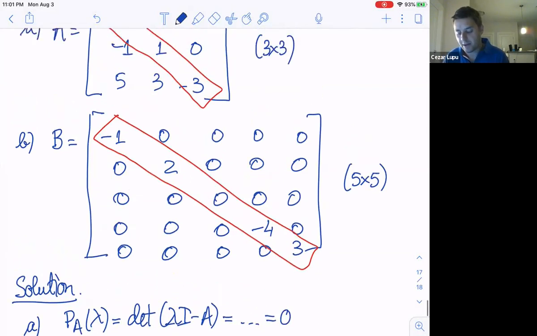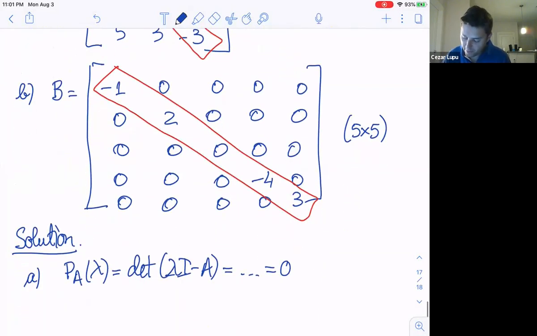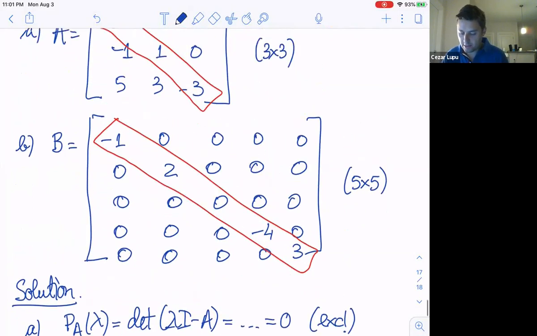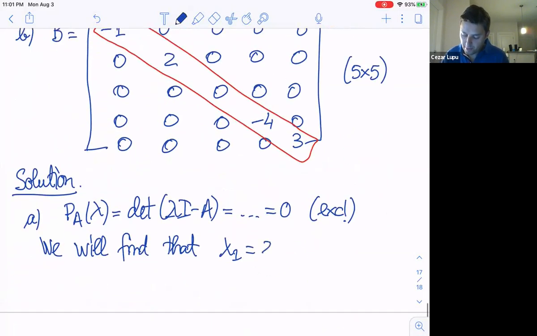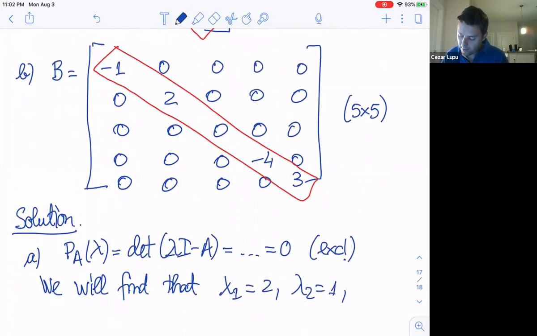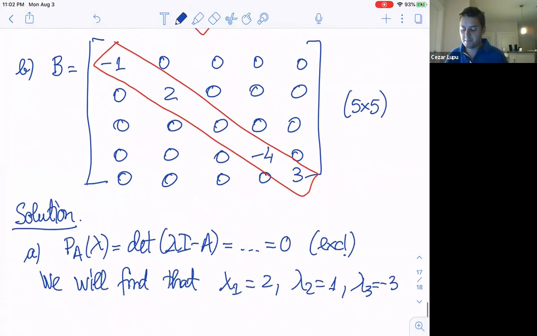But I can tell you directly that the eigenvalues, I'll leave it to you as an exercise, and you will find that lambda 1 is 2, lambda 2 is 1, and lambda 3 is -3, right? These are the eigenvalues, which are elements on the main diagonal.